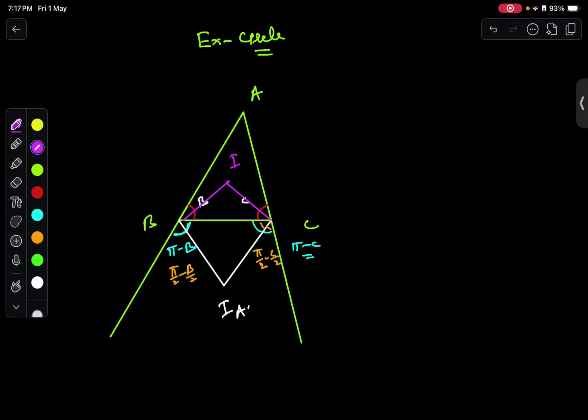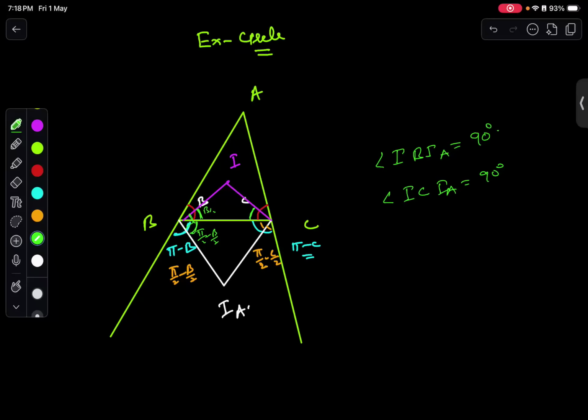So for that I, can I say this angle was C by 2, this angle was B by 2, and this angle is pi by 2 minus B by 2, this is B by 2. So what is the angle of I B I_A? Can I say this is 90 degrees? Similarly, I C I_A, can I say this is 90 degrees?